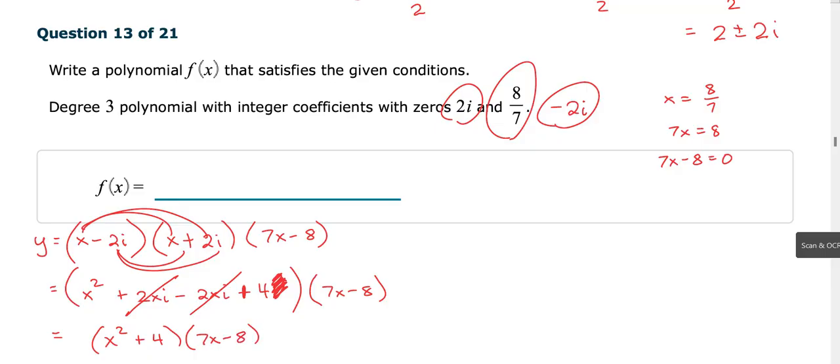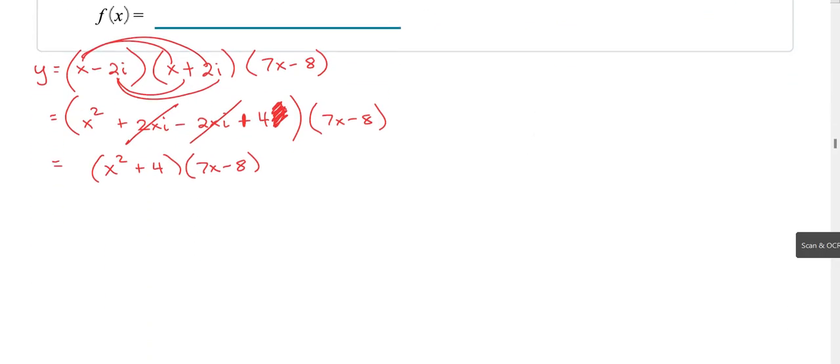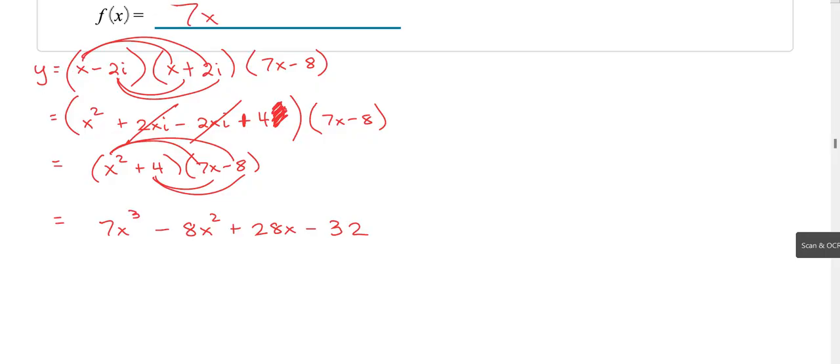Now if I multiply that out, I get 7x cubed. Its first outer would give me minus 8x squared. Inner would be 28x. And last would give me minus 32. That's my answer: 7x cubed minus 8x squared plus 28x minus 32.